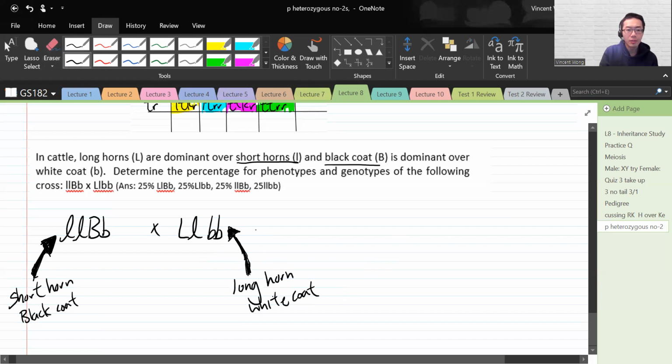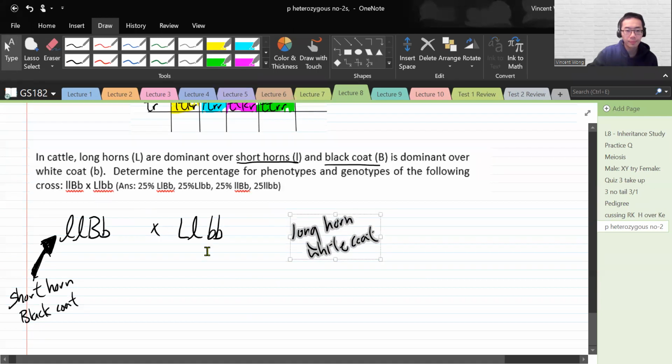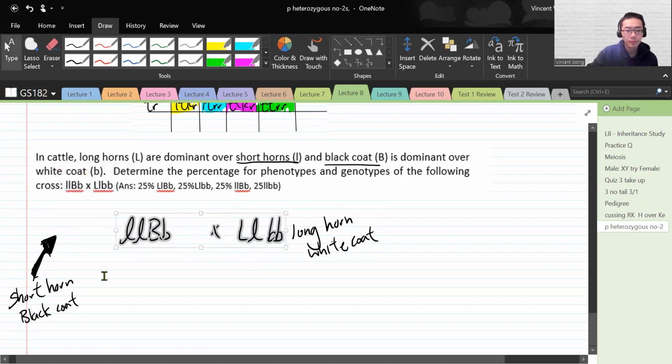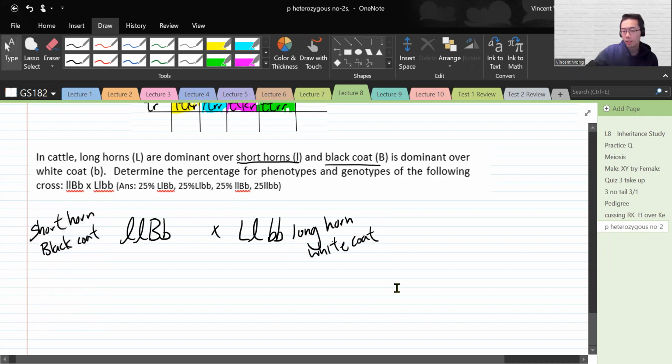Okay, now I gotta move this thing up here. It's not gonna be enough space. We're not gonna have time to take up the lab, unfortunately. We're gonna focus on this stuff first.